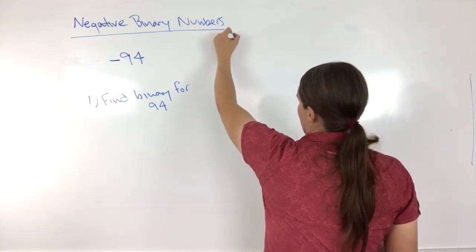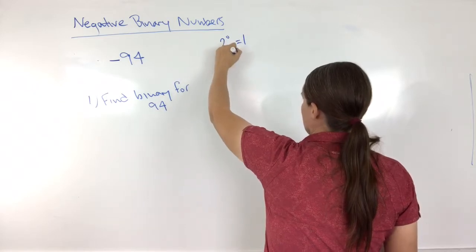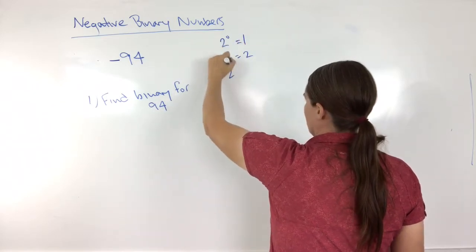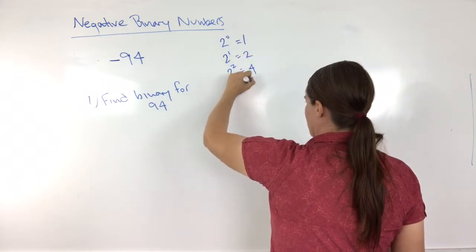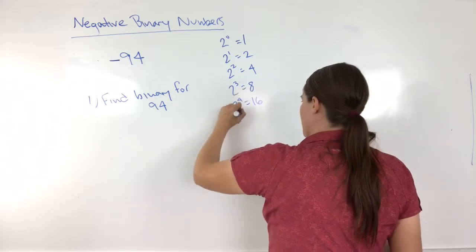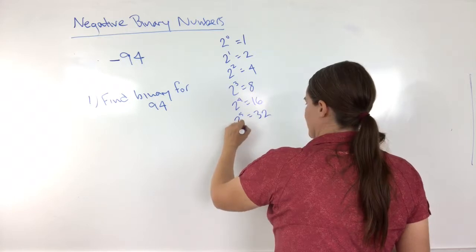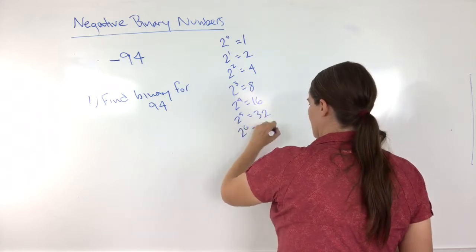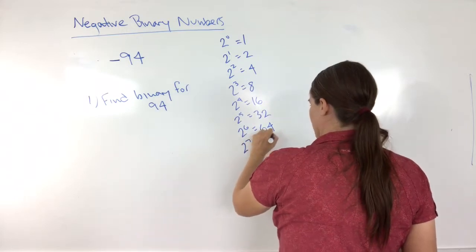So I like to write down a little chart of the numbers. So 2 to the 0 is equal to 1, 2 to the 1 is equal to 2, 2 squared is equal to 4, 2 cubed is equal to 8, 2 to the 4th is equal to 16, 2 to the 5th is equal to 32, 2 to the 6th is equal to 64, and 2 to the 7th is equal to 128.